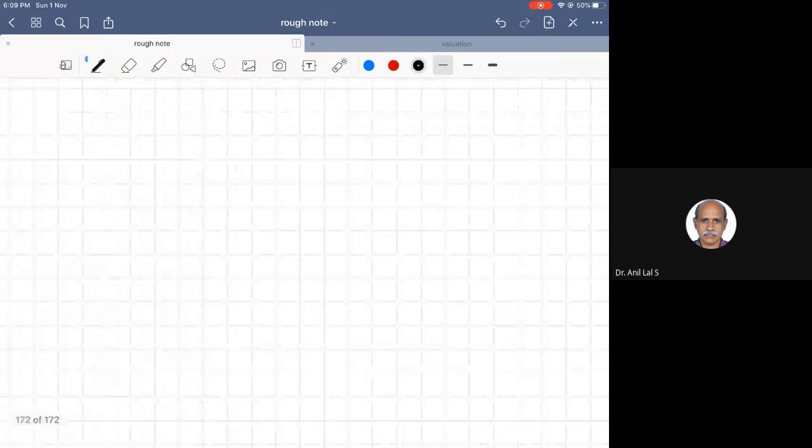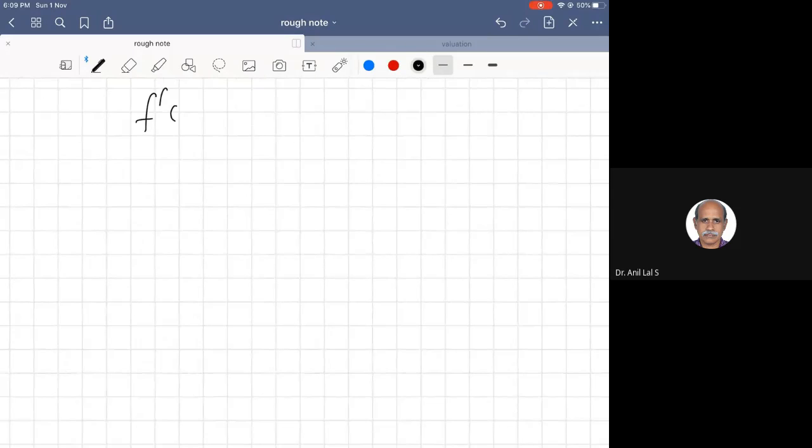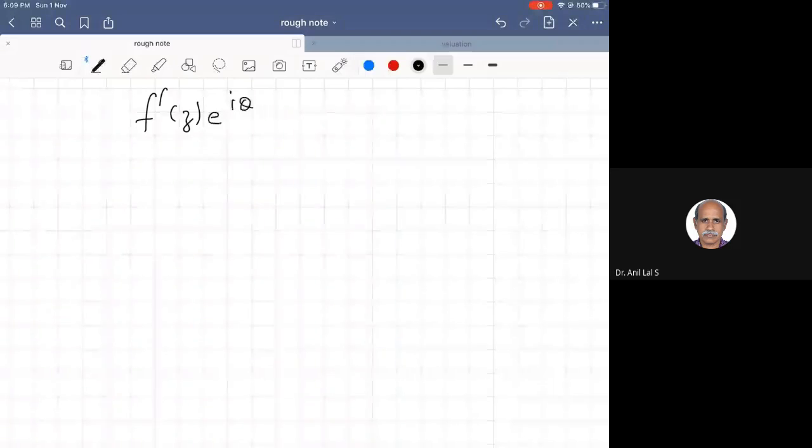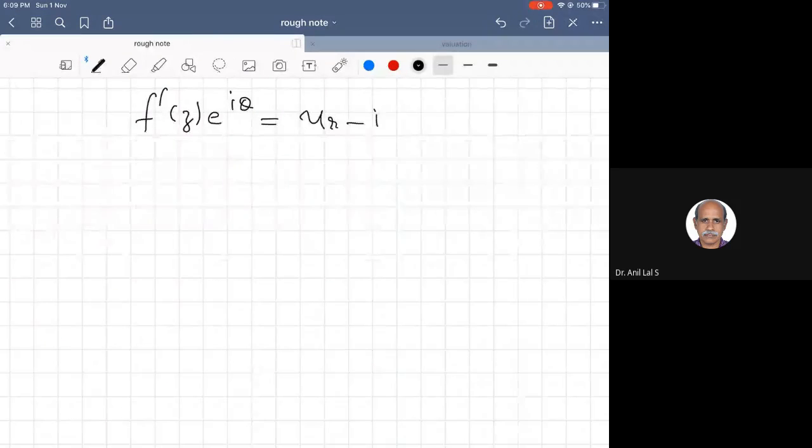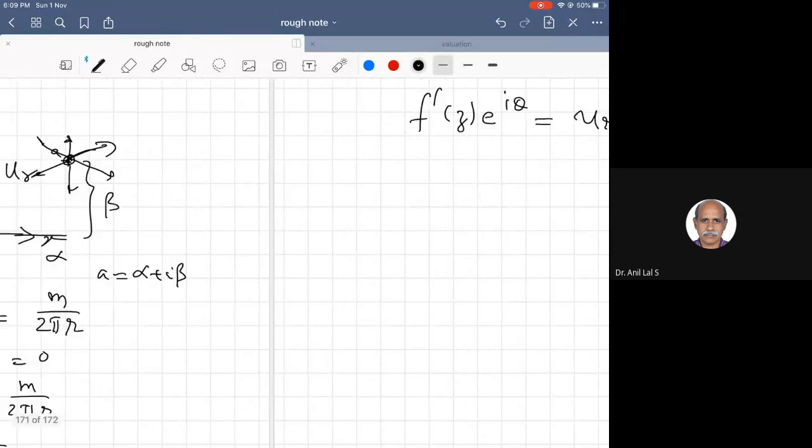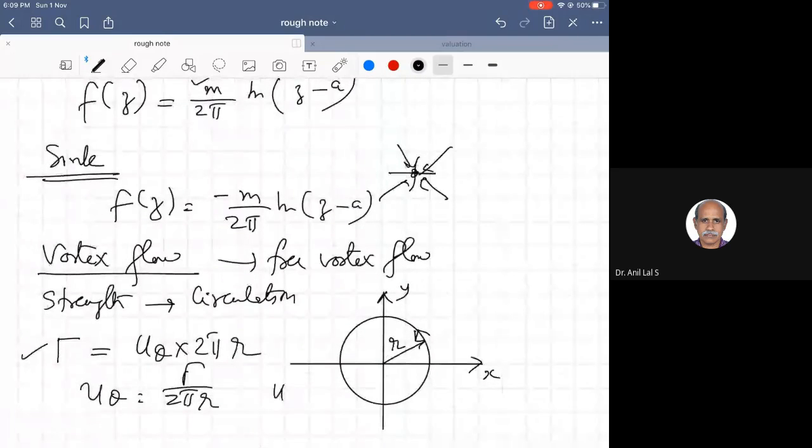Again we will use f'(z) into e raised to i theta is equal to u_r minus i u_theta. But here u_r is equal to 0.